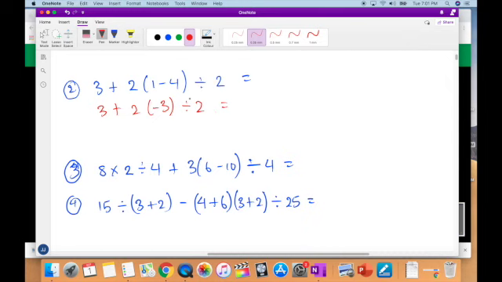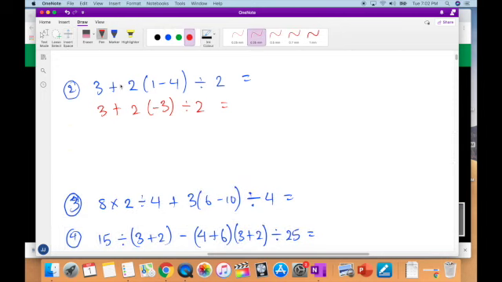And now we had to tackle in the order the multiplication and division. We could see here that this 2 is being multiplied by this negative 3. So this here is actually a multiplication, and then that's being divided by 2.